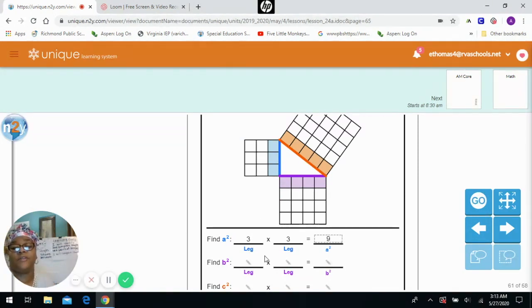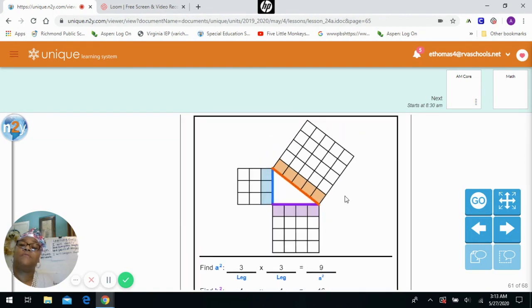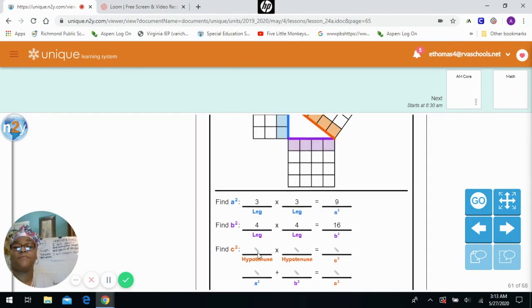There's 9 there, and then we have 1, 2, 3, 4. 4 times 4 is 16. And then the hypotenuse, 1, 2, 3, 4, 5. 5 times 5 is 25.